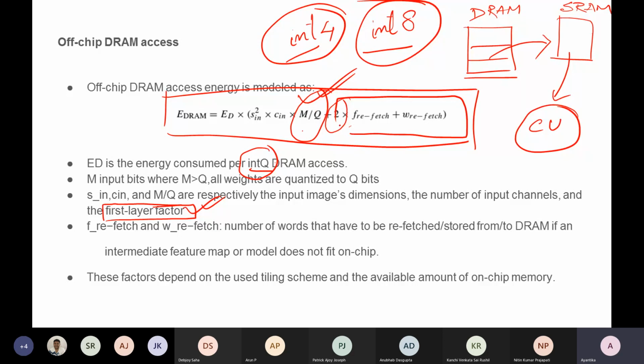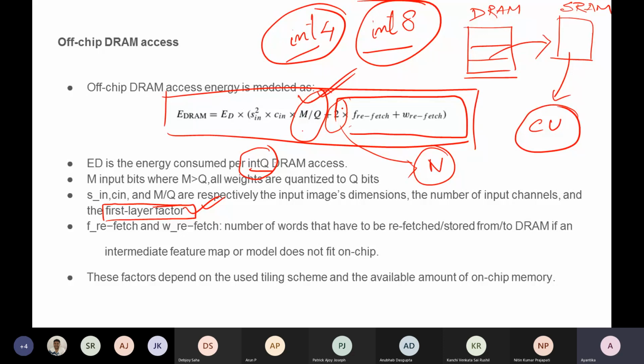You can generalize that with some value n, which will denote the number of times you are refetching some amount of data. That is based on your usage of your particular weight and on the available RAM you have in your chip. This refetch factor, this two, will change.